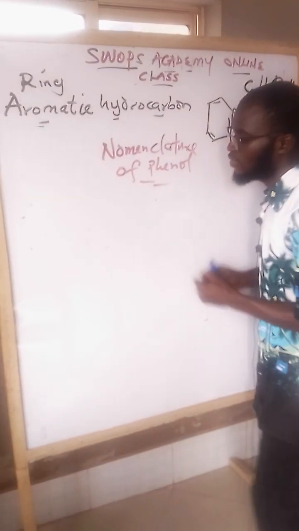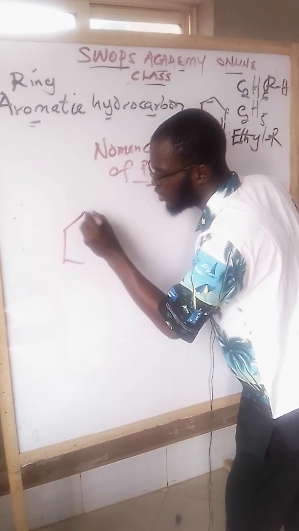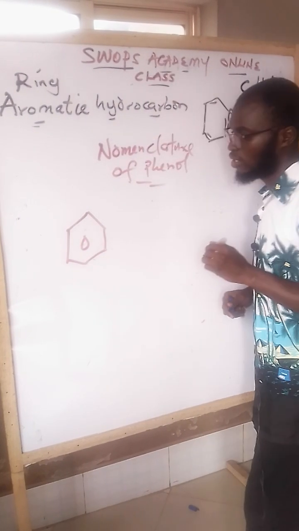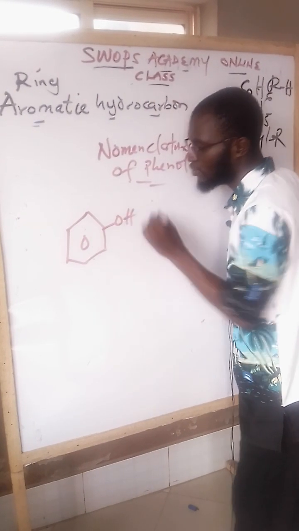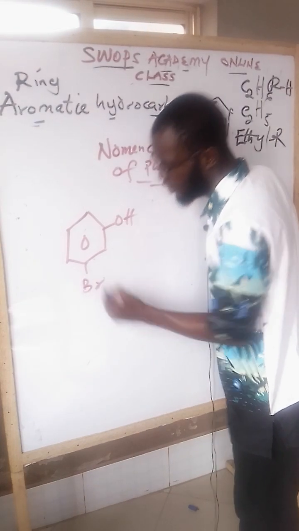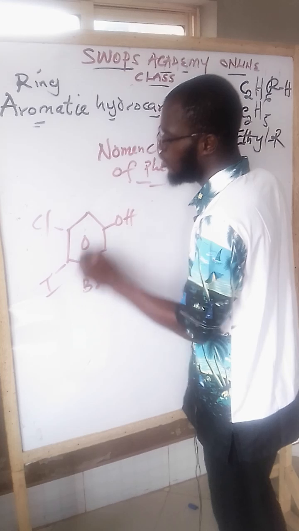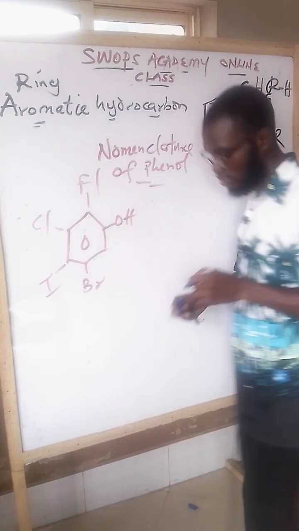Now note that if I have something like this, and the OH is here, and we have bromine here, chlorine here, iodine, fluorine, and so on and so forth.